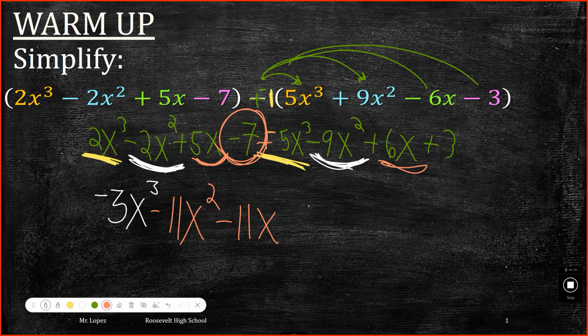I'm going to circle this and that. Tell me what the answer is. What's negative 7 plus 3? You owe $7. You have 3. What is it?